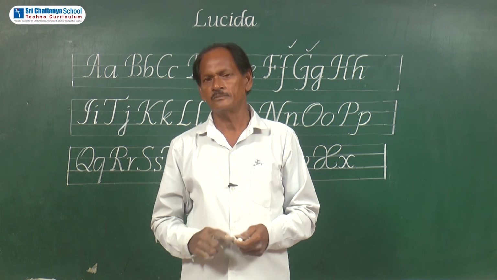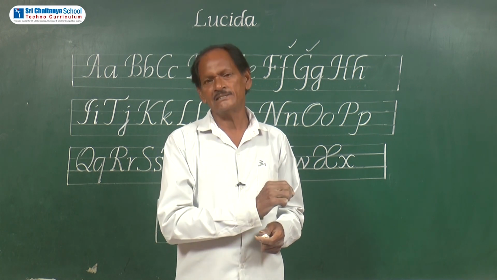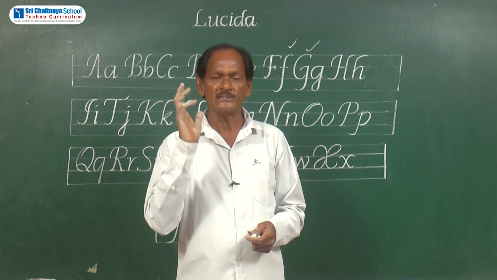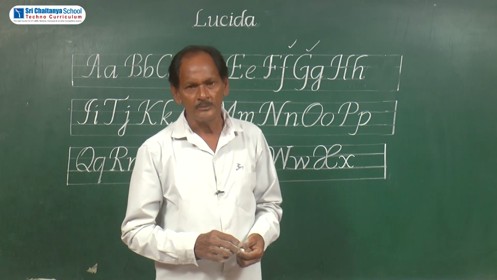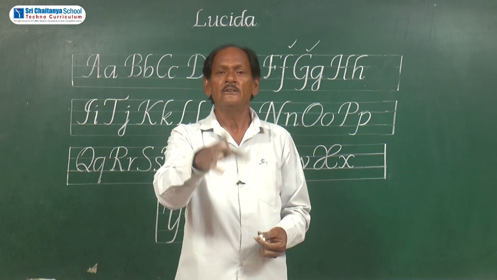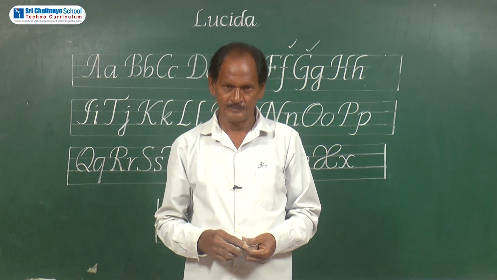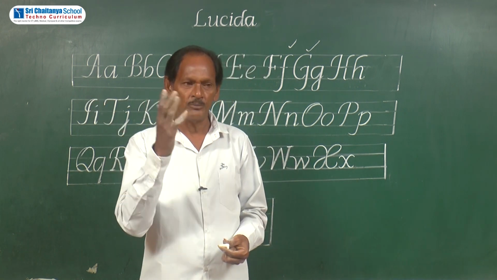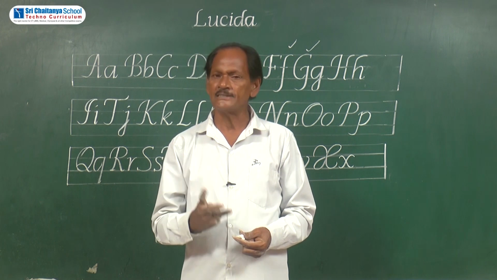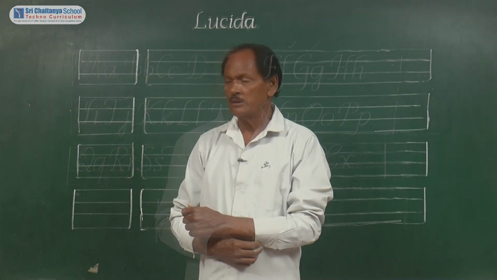After 21 days, on the 22nd day, you will be surprised on seeing your handwriting. That much change will appear in your handwriting if you practice at least 3 weeks. Okay? Thank you very much.